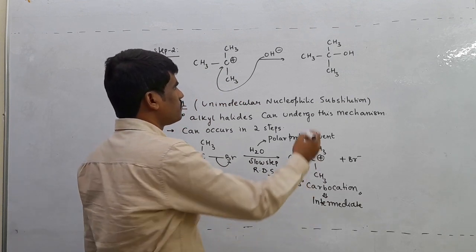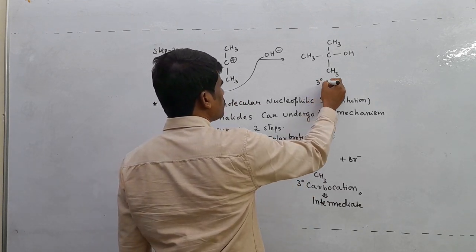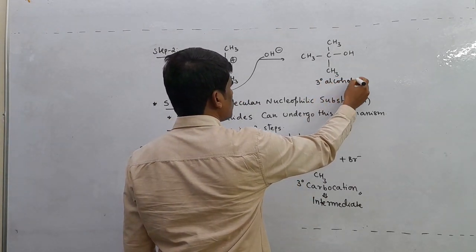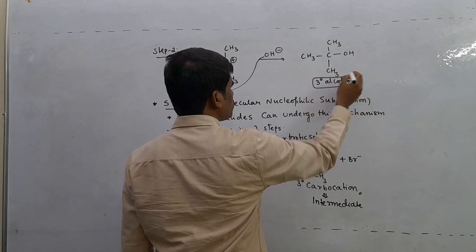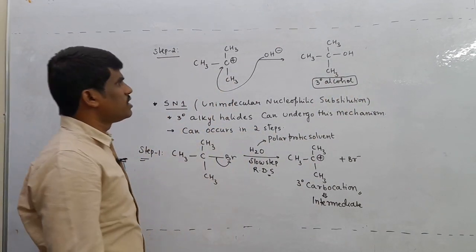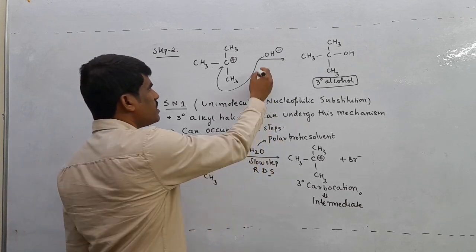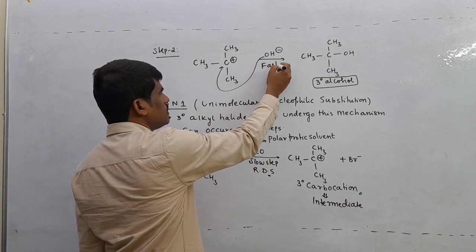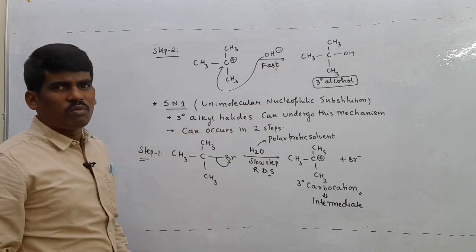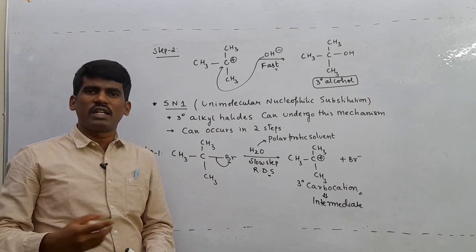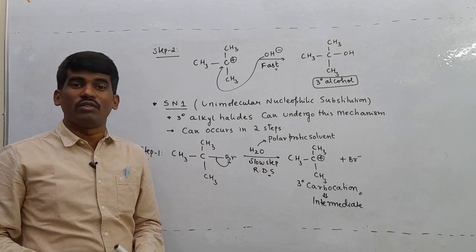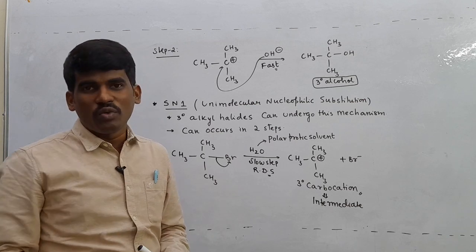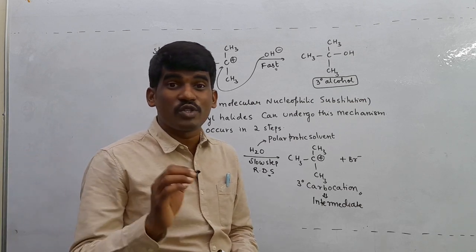This is called a tertiary alcohol. Here the nucleophile is OH minus. This step is a fast step, because once the carbocation intermediate is formed, it is immediately attacked by the nucleophile. If it is attacked by the nucleophile, then you will get a substitution product.